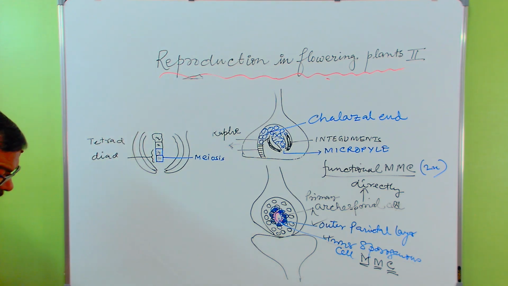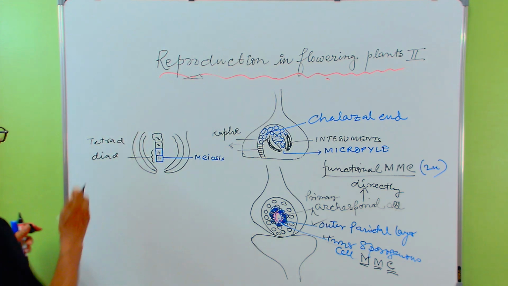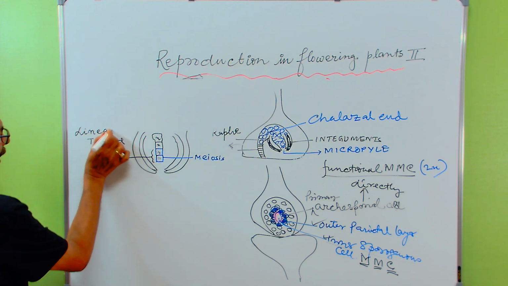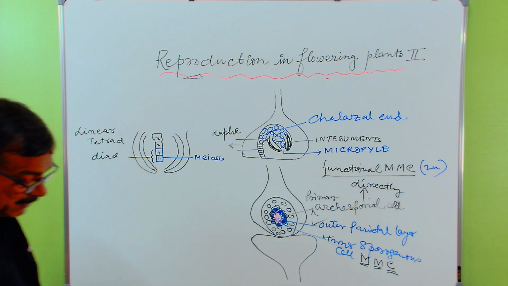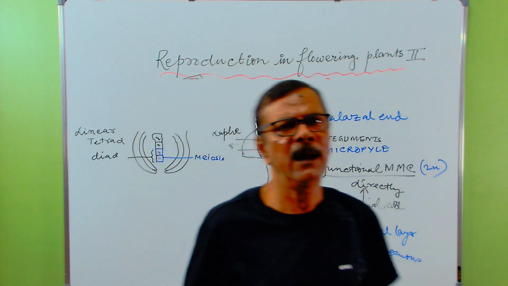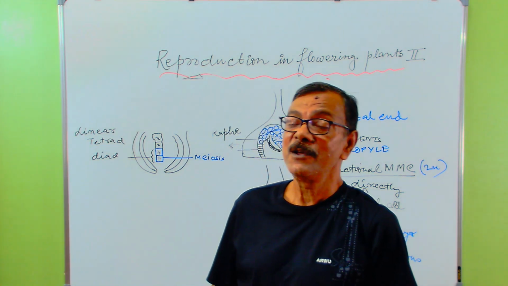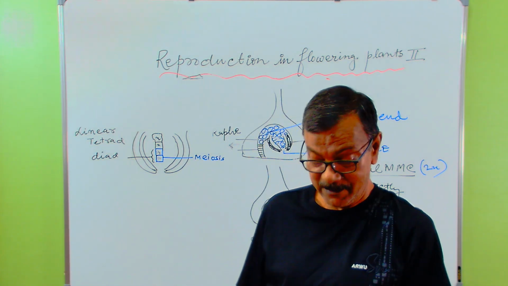So this is known as a linear tetrad. And what we have seen in microspore germination, it is tetrahedral.